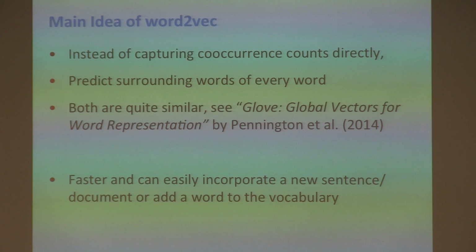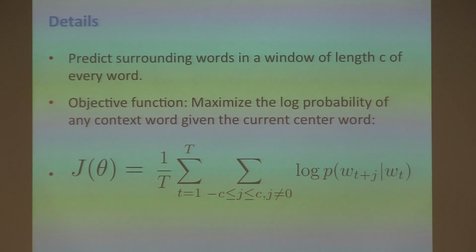But basically, this kind of model will be very fast and will allow us to easily incorporate new sentences, documents, or even add new words to the vocabulary in an online fashion. So the model can keep learning more and more, and you just give it another document and it gets a little better. So let's do some math and have the first equation of the class.